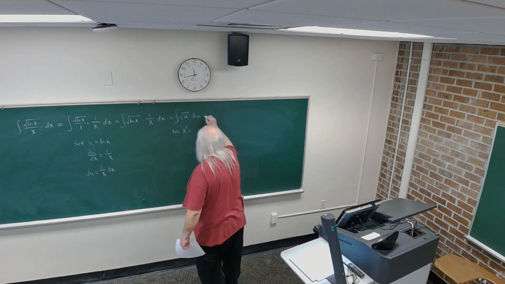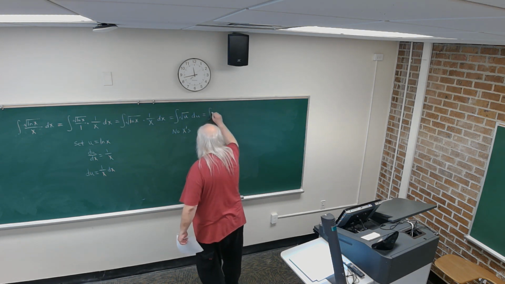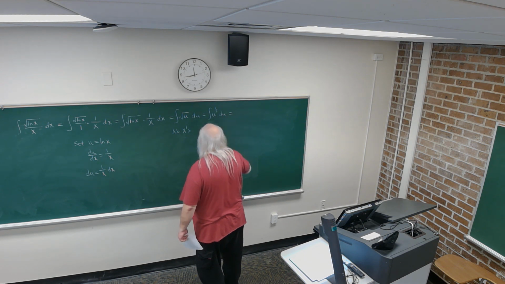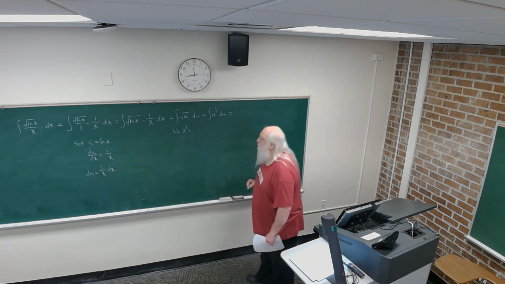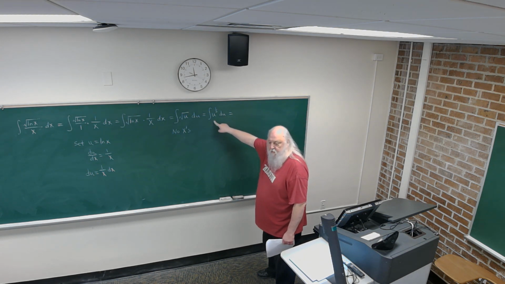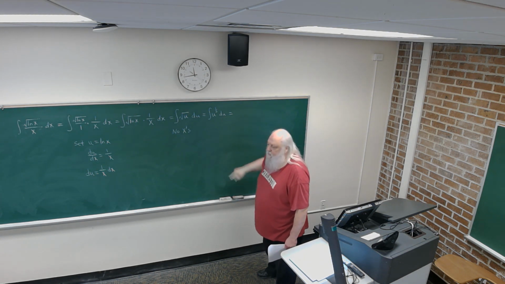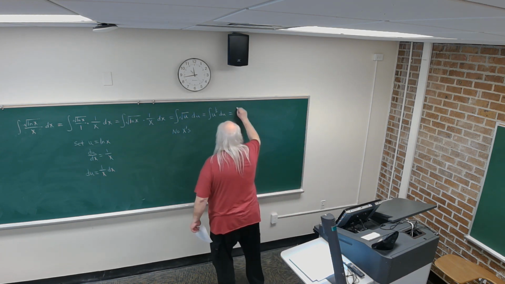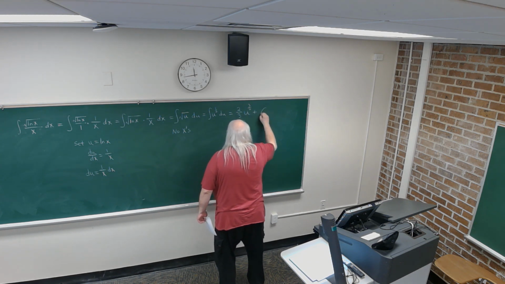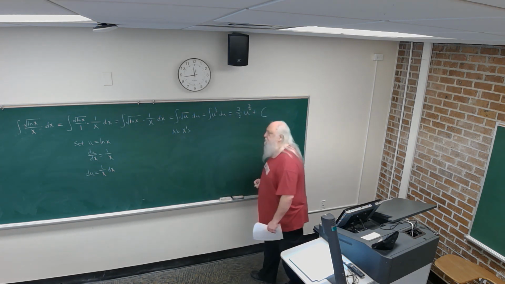Well, square root of u is u to the 1/2 power. And then again, by the power rule, you add 1 to 1/2, you get 3/2. And when you divide by 3/2, it's the same as multiplying by 2/3. So we have 2/3 times u to the 3/2 plus c, the arbitrary constant c.